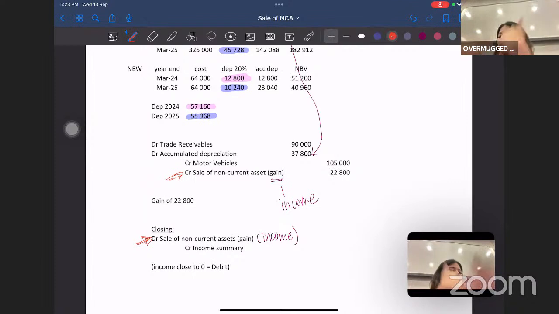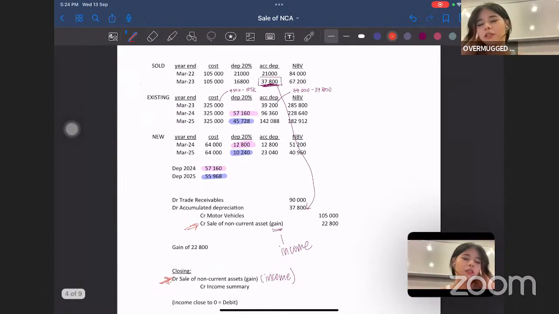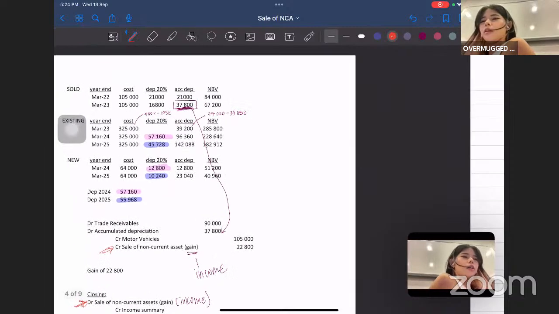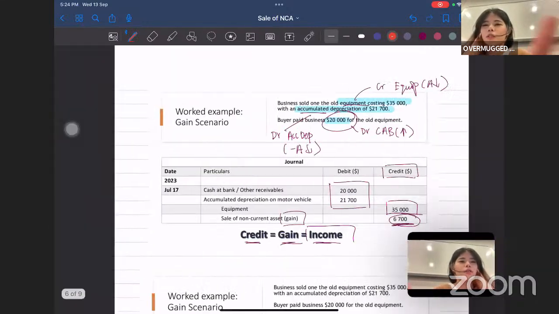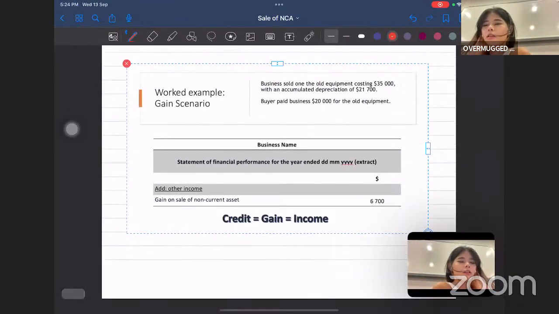When I close, it's always at the opposite side. Okay, that's about it for this question. If you still cannot do it, then you have to rewind and rewatch it again and again. So that's it for sale of NCA.